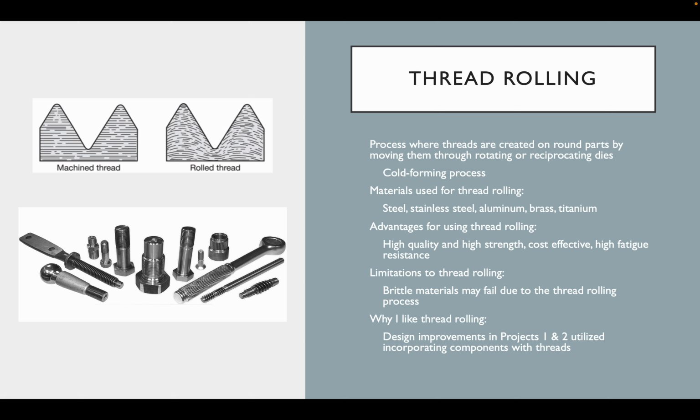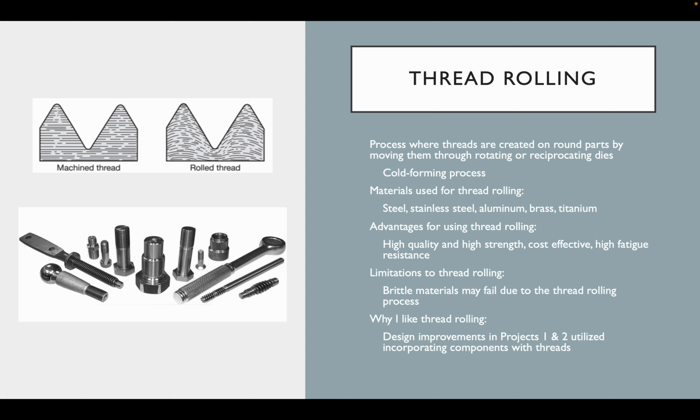It has high strength, it is cost effective, which is beneficial, and has high fatigue resistance because of the fibers in the material adjusting for the shape of the material.